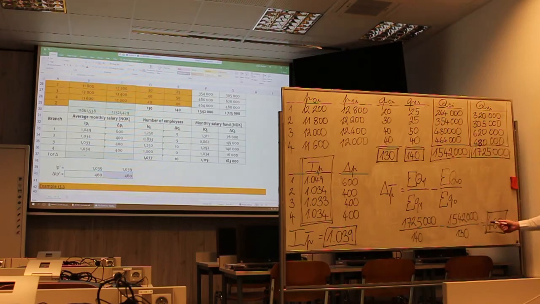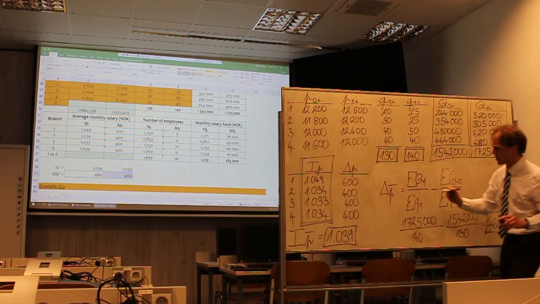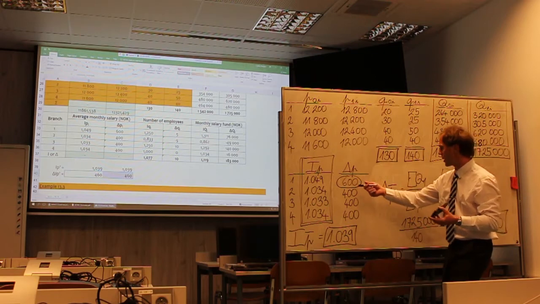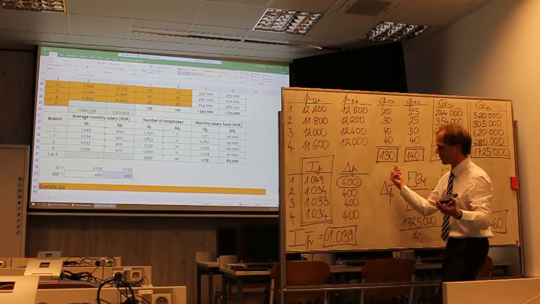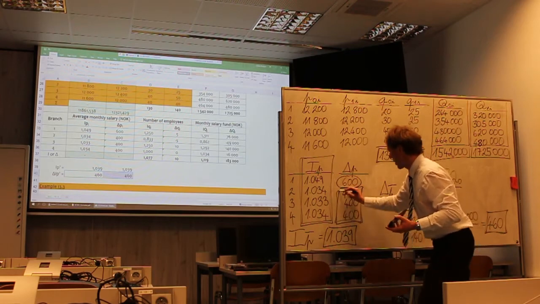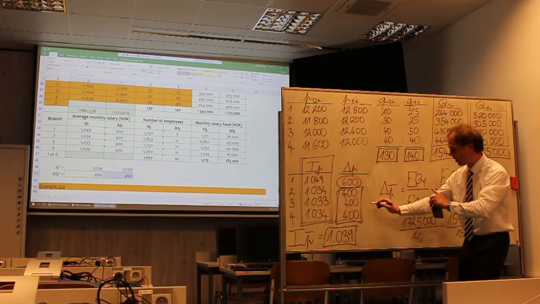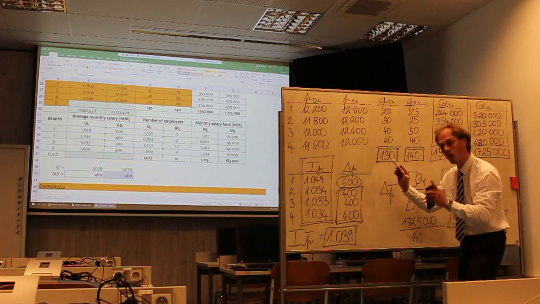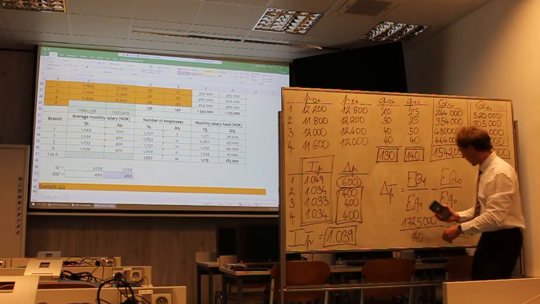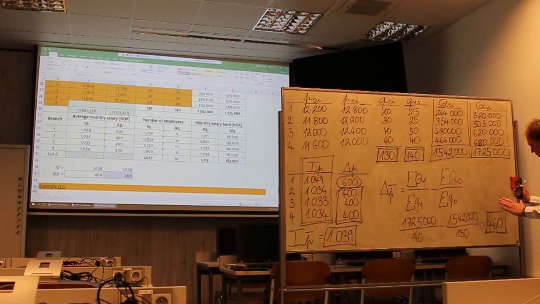In average, your wages will be increased by 460 Norwegian crowns. In the case of the first branch office, they get added 600, but all others get less, only 400. So this is average. This is characteristic of average.